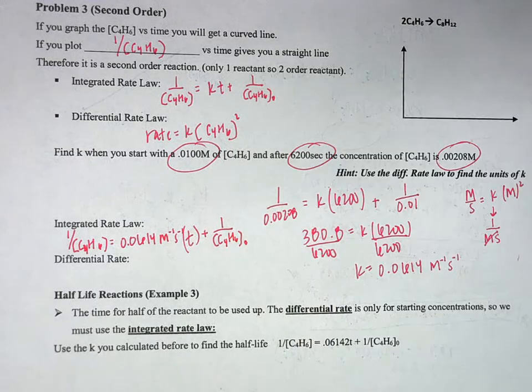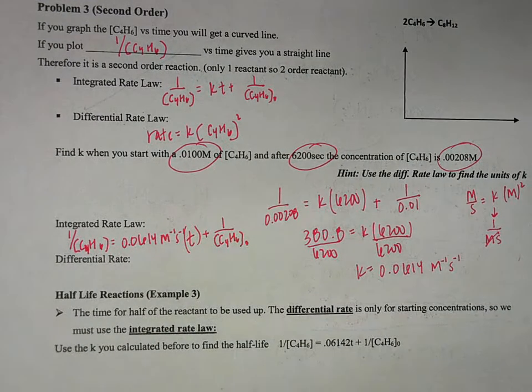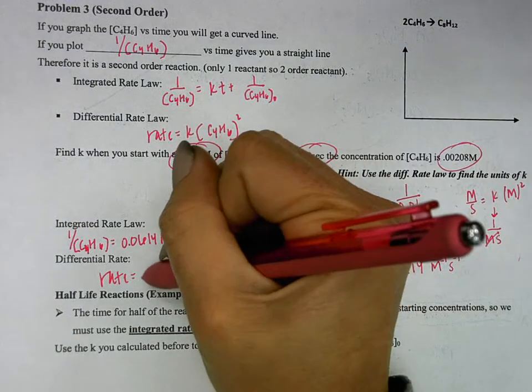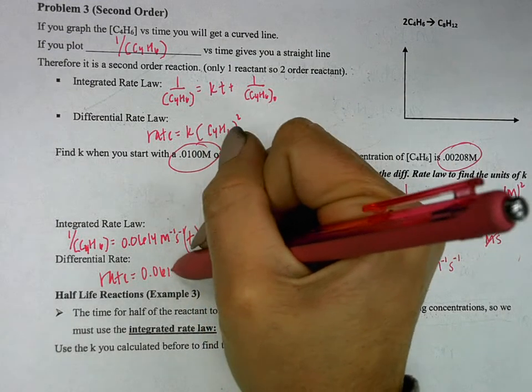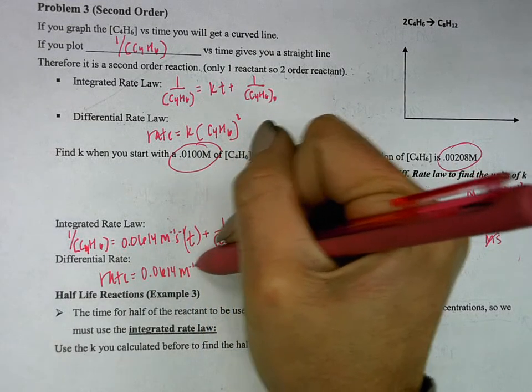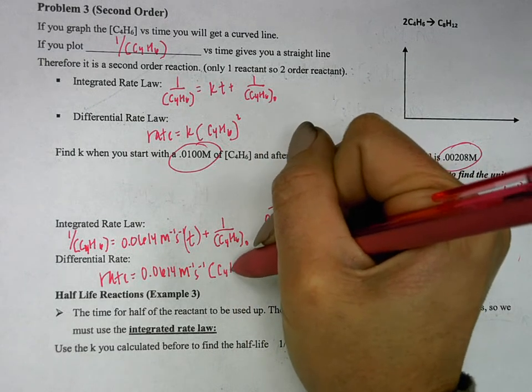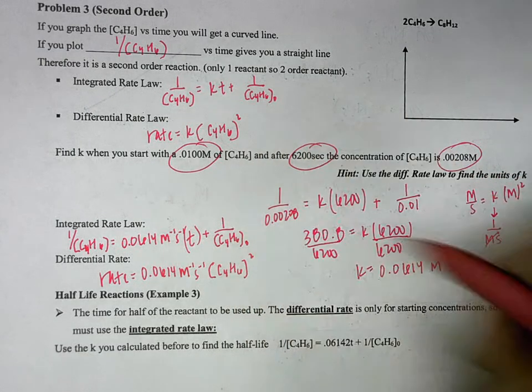Okay, second order reaction, so our differential rate law would be rate equals 0.0614, again molarity to the -1, seconds to the -1, times the concentration of C4H6 raised to the second power, because it is a second order reaction.